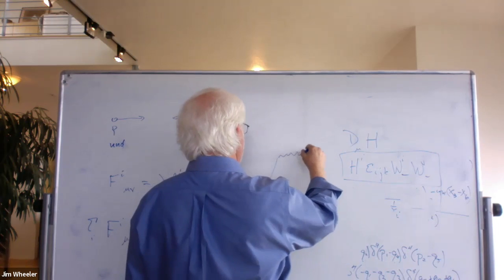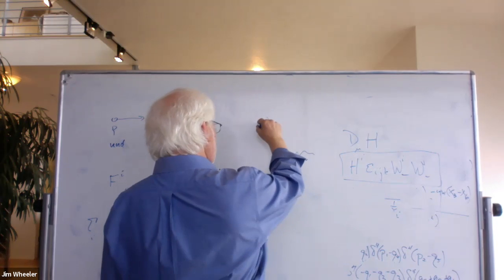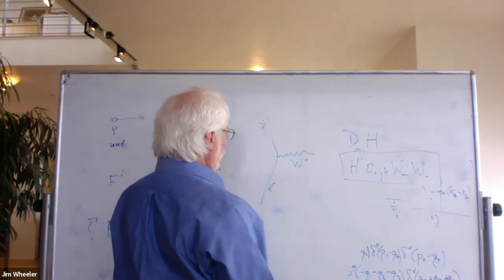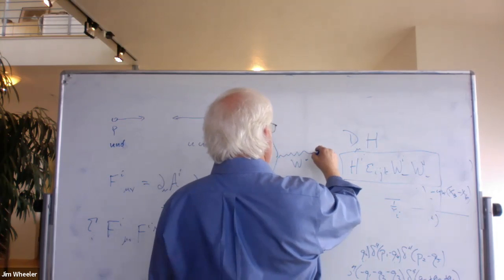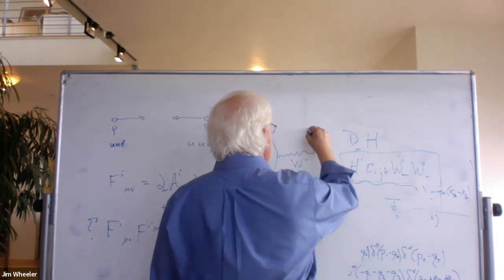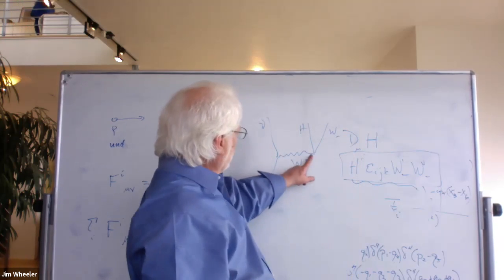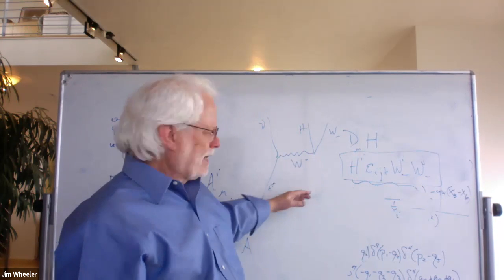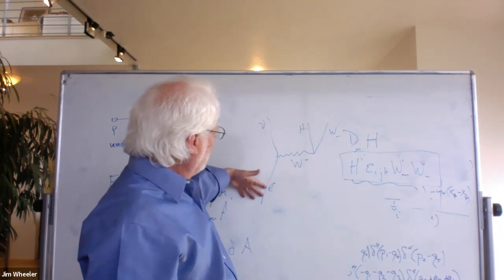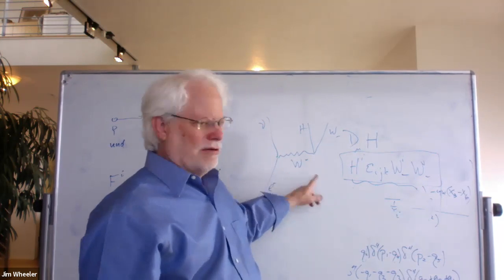You'd like one of these to emit a W minus, and then it's going to send off a neutrino. This W minus, via this interaction, can decay into a Higgs and another W minus. So you've got a vertex here with two W minuses and a Higgs, something like that. So something that causes whatever particle to emit a W.